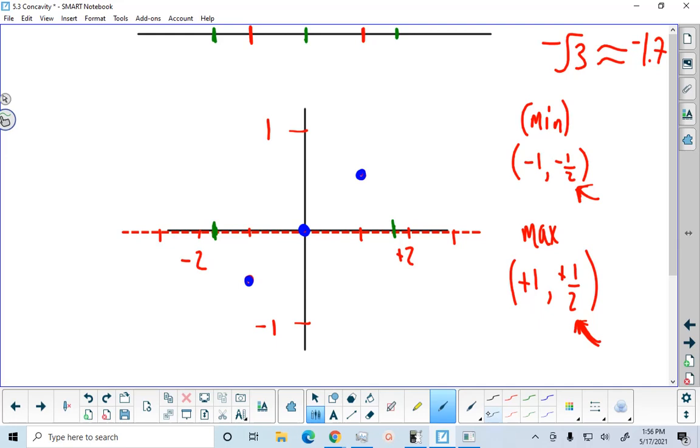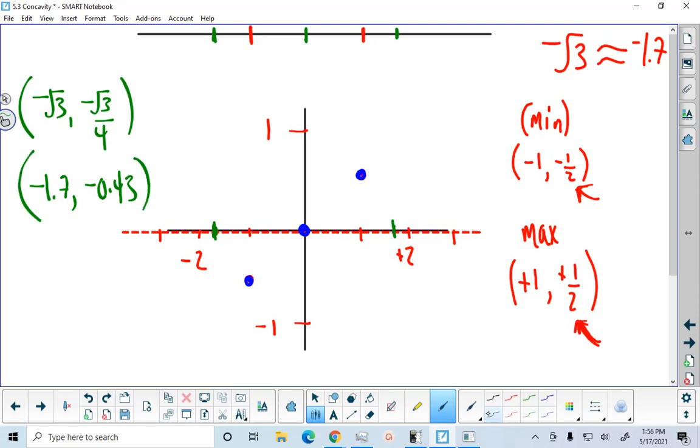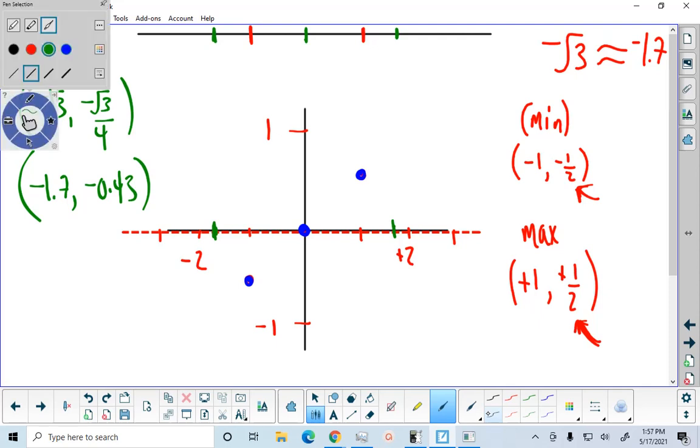Okay, let's plot these inflection points in. I'm going to write this down again just to confirm that this was an inflection point, which is about negative 1.7, comma, negative 0.43. I'm just asking for one more confirmation on those numbers. Okay, so where does that point lie? Well, at negative 1.7, that's where the green mark is on the axis.